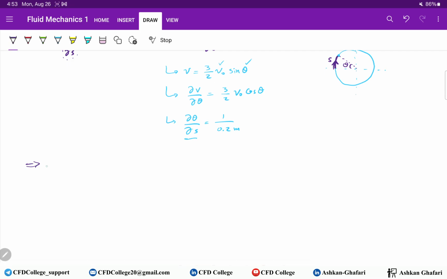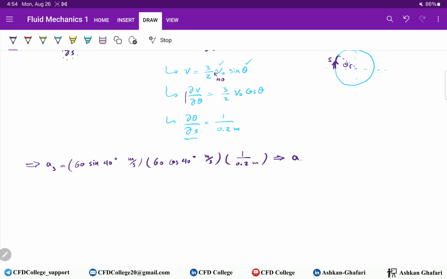So AS equals velocity. We notice 40 times 3 divided by 2 equals 60. 60 sine of 40 degrees. This has the unit of meters per second. It's velocity. Times this term, delta V over delta theta, 60 cosine of 40 degrees meters per second, and the last term 1 over 0.2 meters.